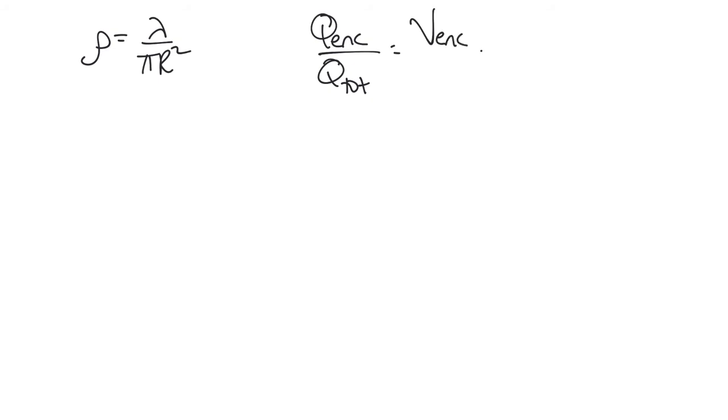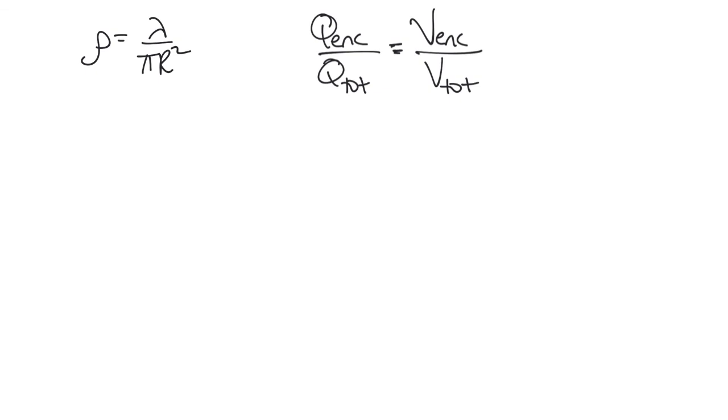I want to mention one more thing while we're here. Instead of deriving rho is lambda over pi r squared, you can just do a general proportionality argument. And this one is probably more useful than the other one, so that's why I wanted to show you. This proportionality argument is very, very useful.